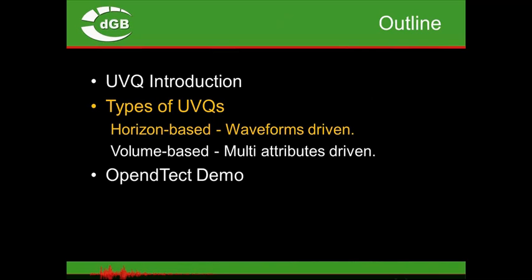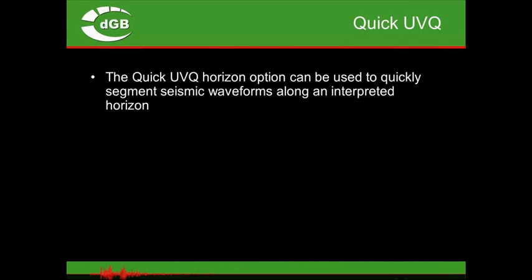Let me go ahead and talk about the type of UVQ, horizon-based, which is waveform driven, but you can still use other types of attributes as input. Here we'll talk about the quick UVQ horizon option.